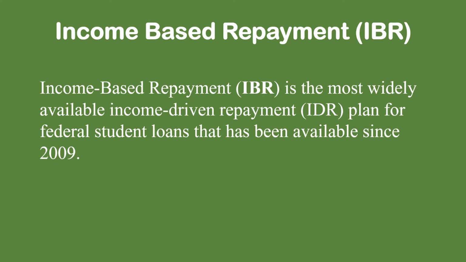Direct PLUS loans, direct consolidation loans without PLUS loans that were made directly to parents and not as co-signers, direct subsidized loans, and direct unsubsidized loans, FFEL PLUS loans, which is the Federal Family Education Loan, FFEL consolidation loans without PLUS loans. If you do not have one of these types of loans, you may still be eligible for the IBR by consolidating your federal student loans into the direct loan program.